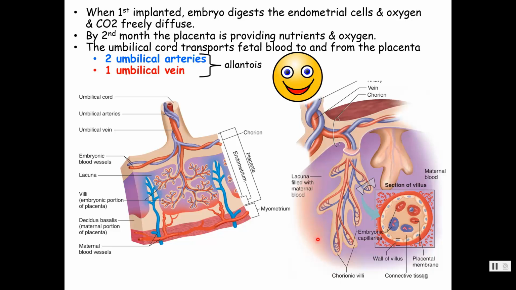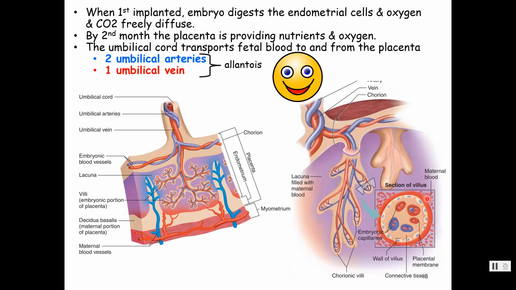We're going to get a rich blood supply from the mom to the decidua basalis, the maternal part of the placenta. And then we have these chorionic villi, and then we have these capillaries. So there are embryonic capillaries, and diffusion is going to be across that placental membrane. So you have the wall of the villus, some connective tissue, and then the embryonic capillaries.